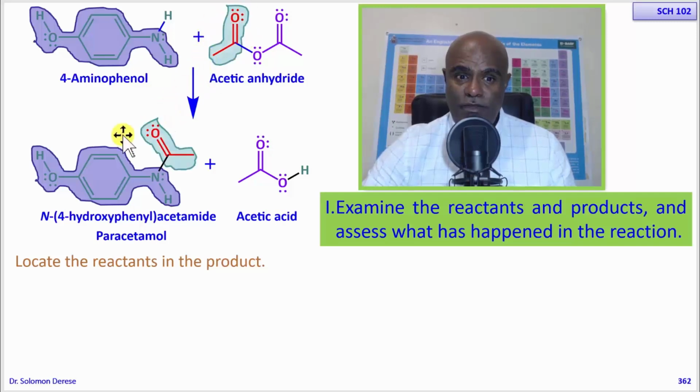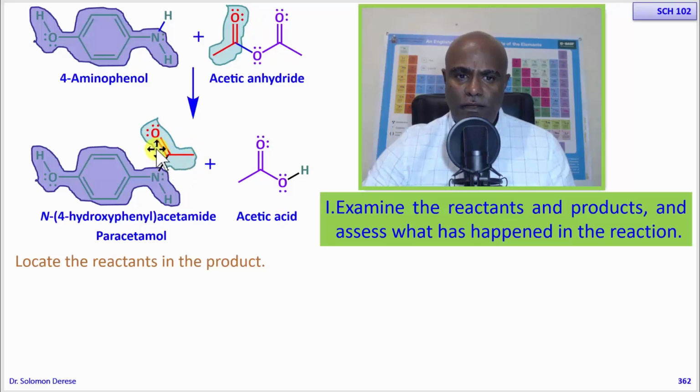We are done with paracetamol. So the side product, acetic acid, this part of acetic acid, as you can see, is from this part of acetic anhydride. So part of the acetic anhydride is given off as acetic acid. The other part of the acetic anhydride is in the product.